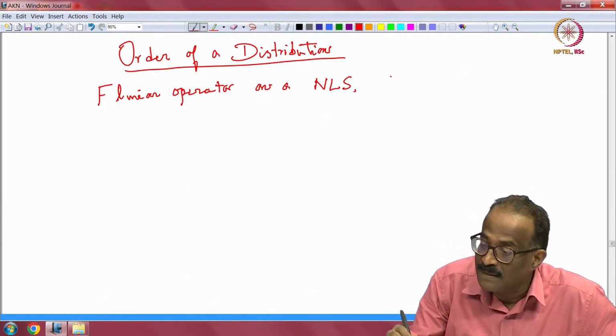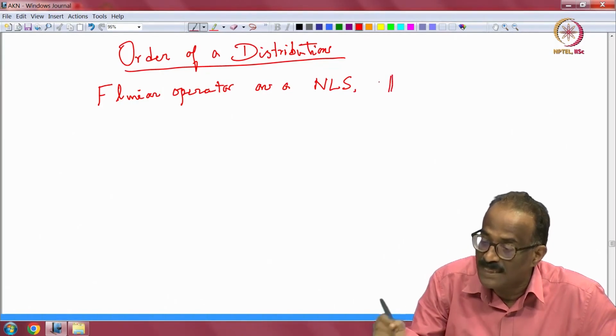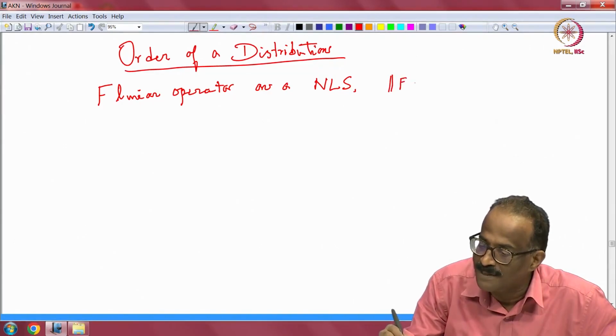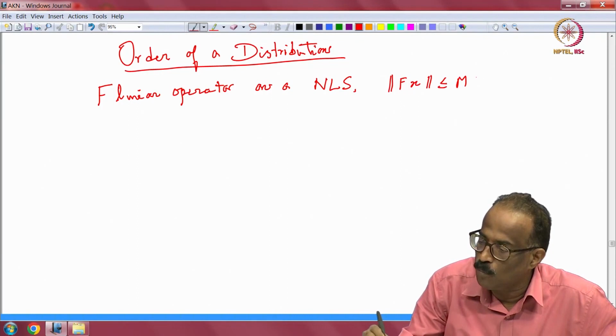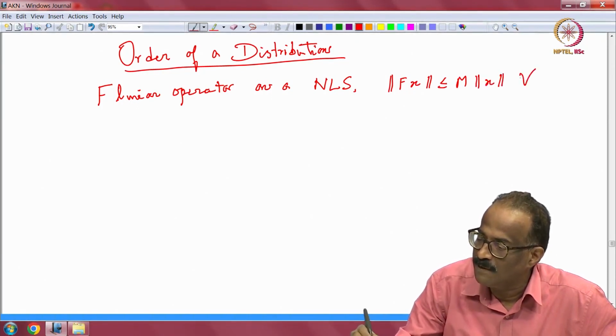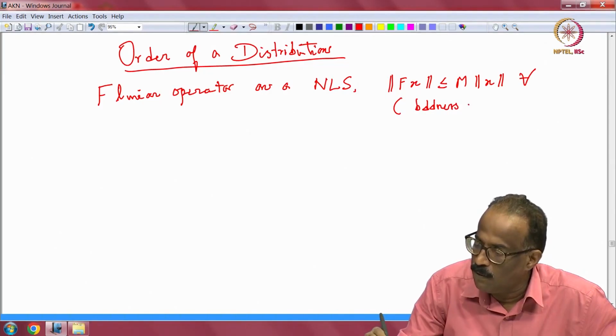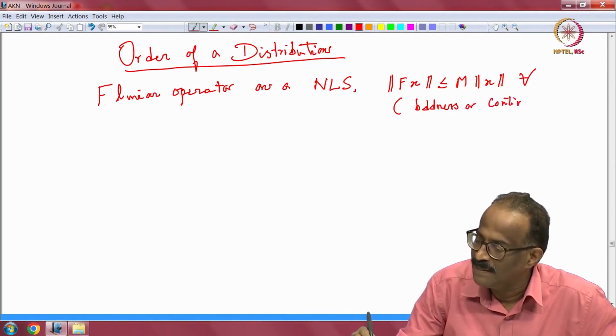That means when you say that f is continuous, that means |f(x)| is less than or equal to some M times the norm of x. This is satisfied for all x. This is precisely the boundedness, and it also implies the continuity on a normed linear space.